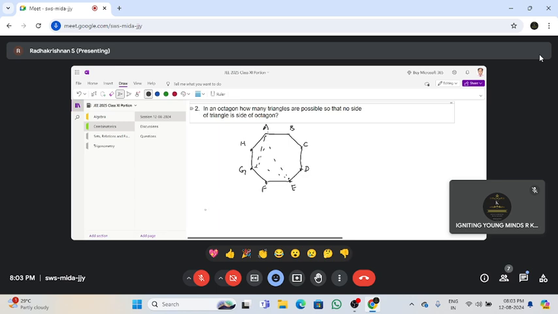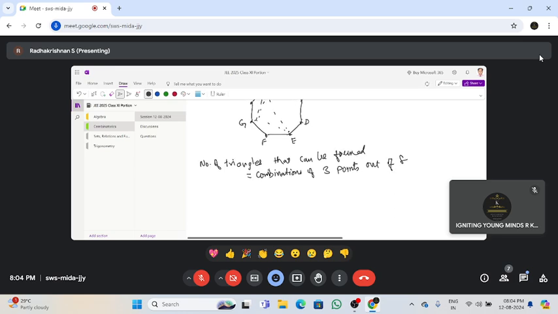So, the total number of triangles that can be formed is the combinations of 3 points out of 8. So in how many ways can we pick 3 points out of 8?